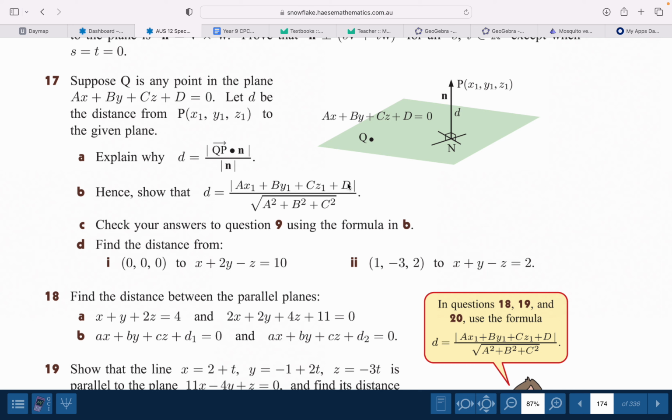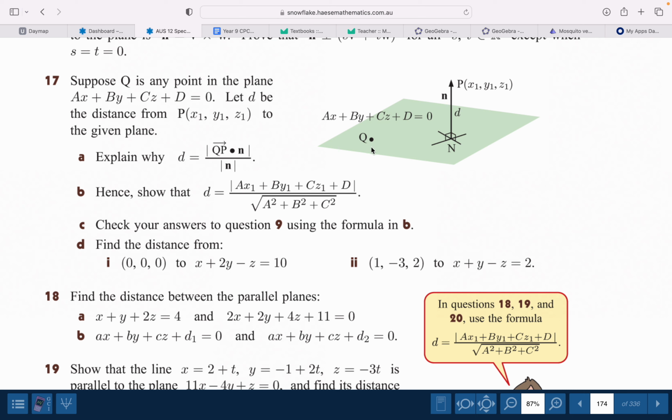This point here is a point at the end of some line. That is a specific point, so it's got some values to it, like x is some number. So that's like a fixed point that you would usually know what the numbers were, as opposed to Q, which is some generalized point on the plane.